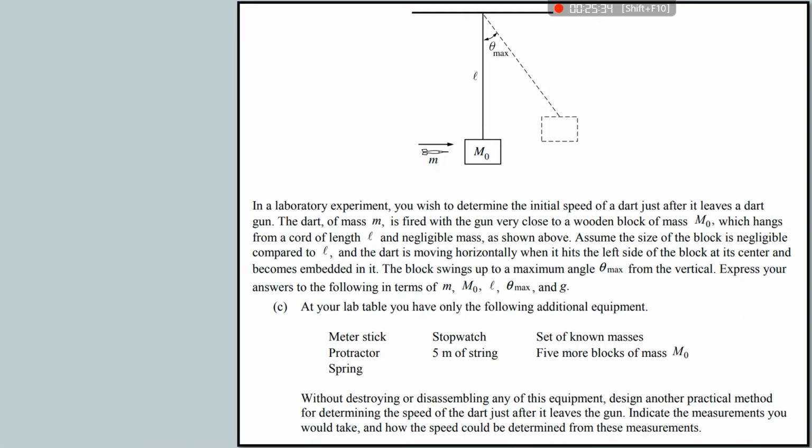So maybe we use kinematics this time. You can use kinematics, energy, whatever you want, but we can't use this setup. Your picture needs to change. How are you going to set your experiment up using these objects to figure out the velocity of the dart when it leaves the gun?